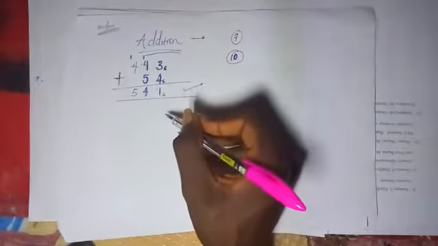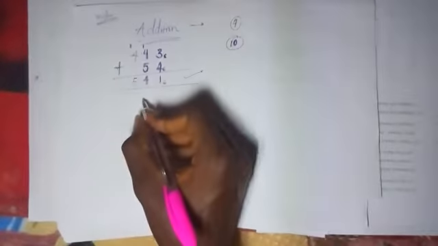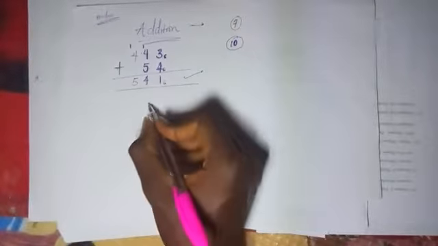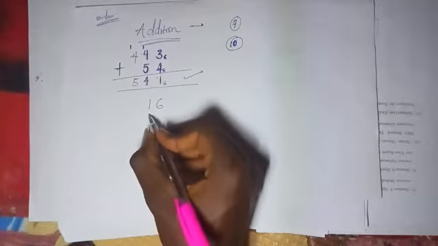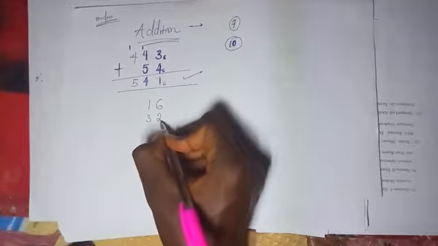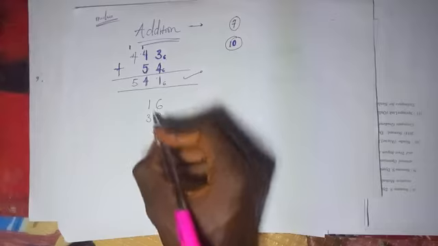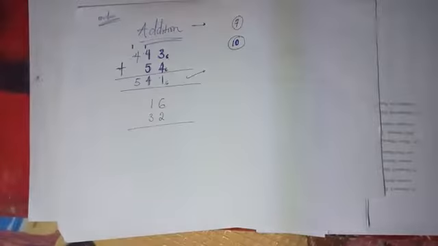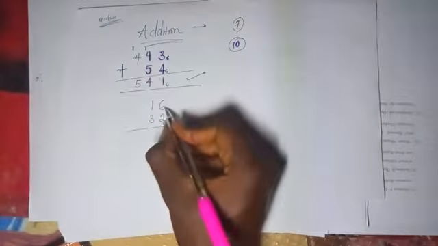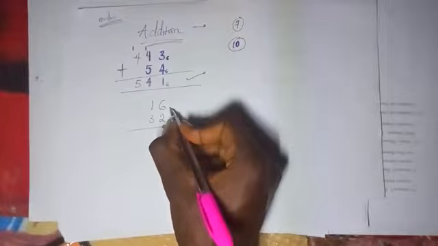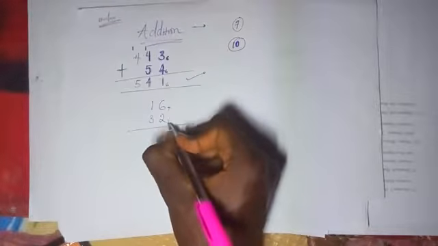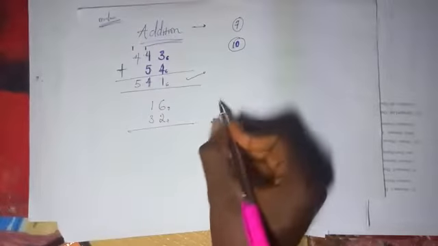So now, let me try to pick another question. Let's say we have 16 and 32, and I want to add these numbers in base 7. So what's 6 plus 2? That is 8.